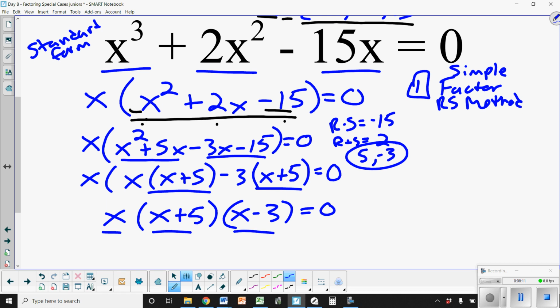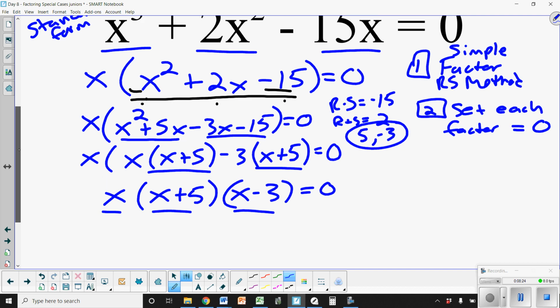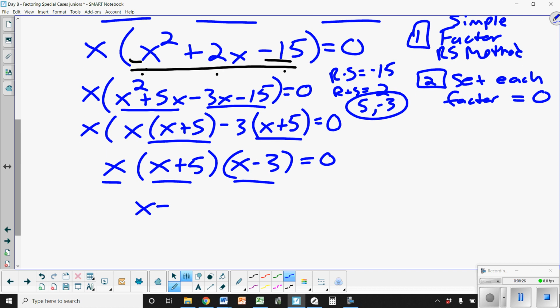And our second step, after we completely factor, is we want to set each factor equal to 0. So it's going to be x equals 0, x plus 5 equals 0, and x minus 3 equals 0.